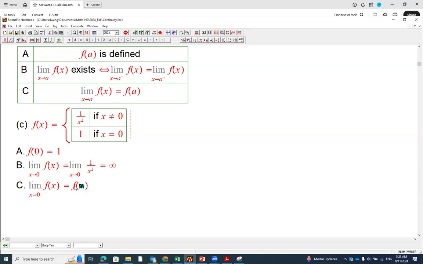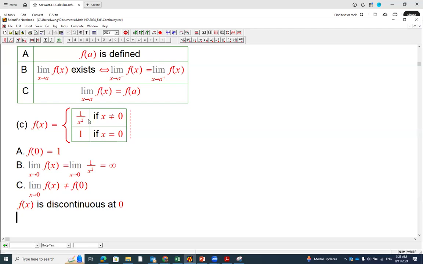So these two are not the same. So this function is discontinuous at 0.